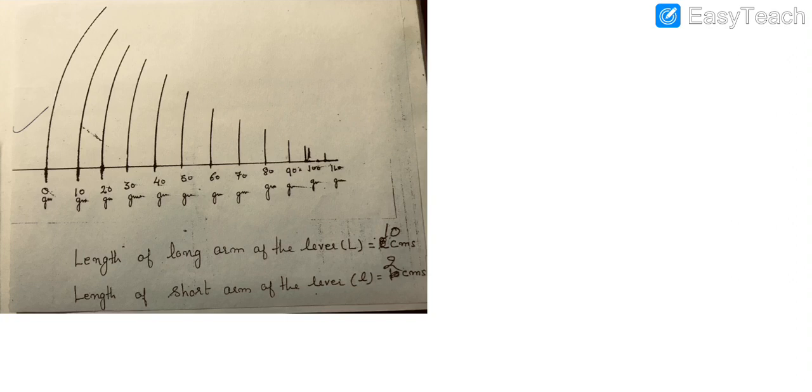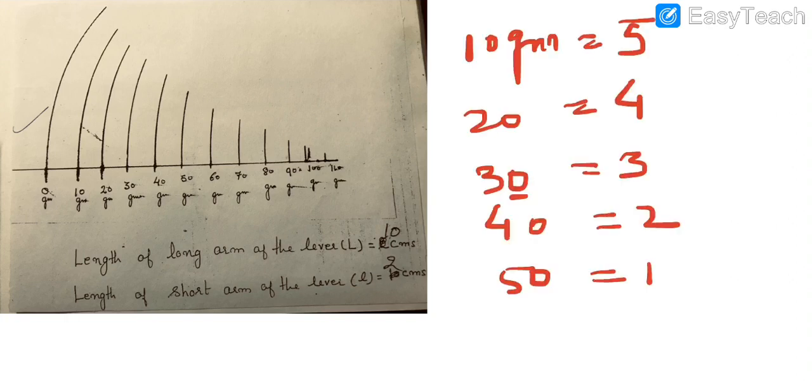say the weight is increasing. If we have to calculate the work done in 10 gram or 20 gram, say we have to calculate the work done with different weights. This is for the afterload condition.